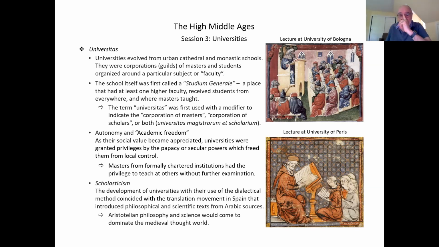The whole idea of being chartered by a higher power was to free you not from the power that chartered you, but from local control. And ultimately, it would be from the power that chartered you. Masters from formerly chartered institutions had the privilege to teach at others without being examined or re-examined again. You didn't have to qualify. Once you got qualified, you were in.